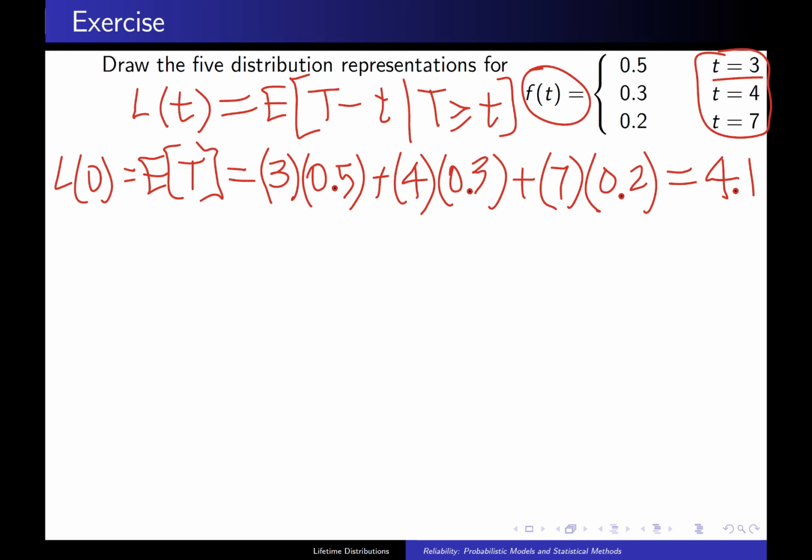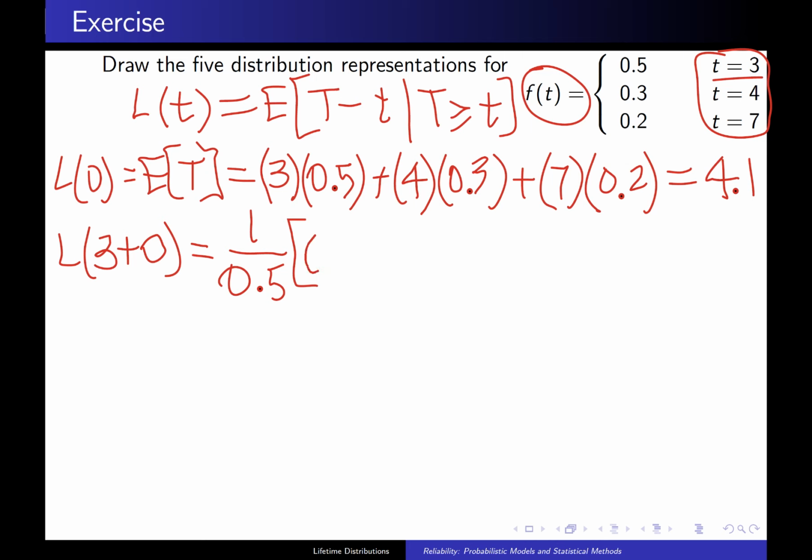But then at time 3, we want to see what's happening. And actually, we want to see what's happening just after time 3. So some authors use this kind of unusual notation, L of 3 plus 0. Well, what this is, it's 1 over the survivor function, so it's going to be 1 over 0.5, and then that will get multiplied by the summation.